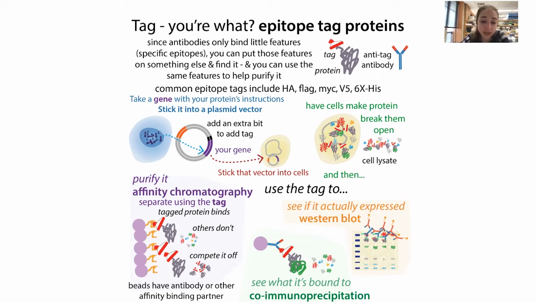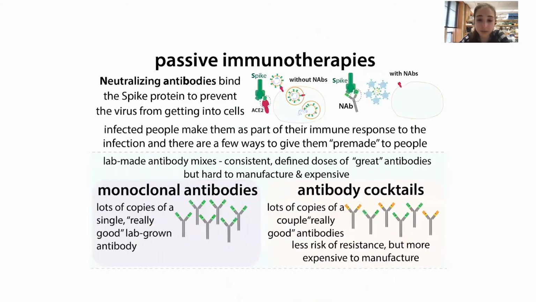Speaking of which, when you talk about monoclonal antibodies and antibody cocktails, versus polyclonal, a polyclonal is different from an antibody cocktail, but antibody cocktails are a mix of monoclonals. So you can make specific monoclonal antibodies that are really good at binding what you want.